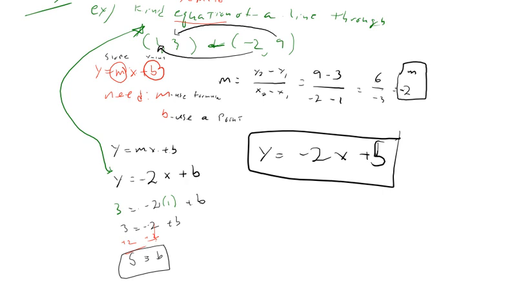You can use either one. Either point is fine. They'll both give you the same answer. B will be 5 no matter what you pick. I picked the one that was positive because, I don't know, I like positive. I'm a positive person, everybody. What do you want from me?